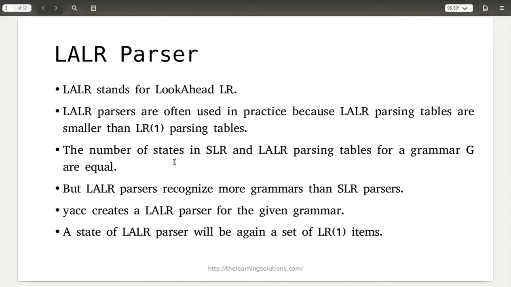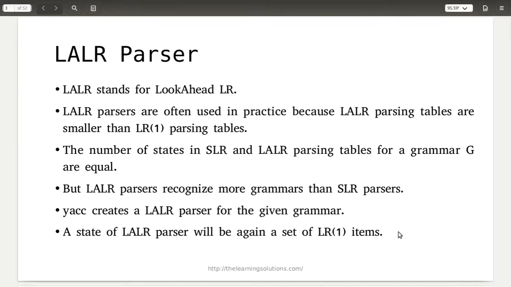So we can say that the LALR parser is the most widely used type of parser. YACC, the parsing tool, creates or uses the LALR parser for the given grammar. As I said earlier, the LALR parser also begins with the collection of LR1 items.